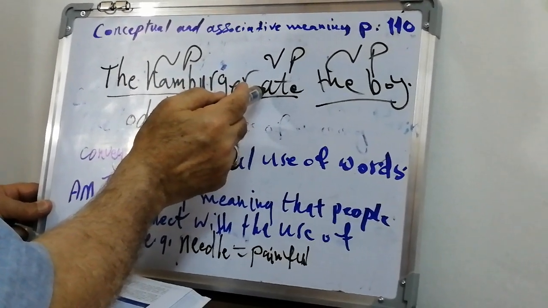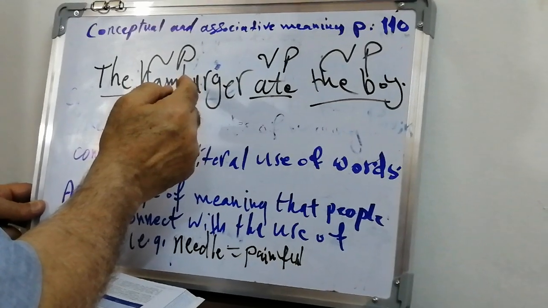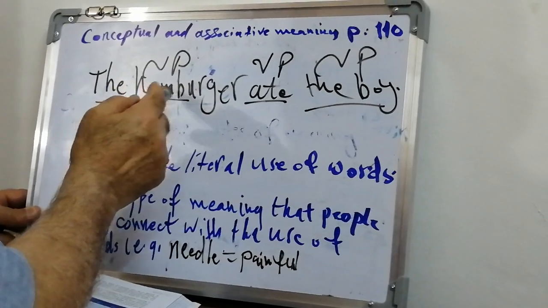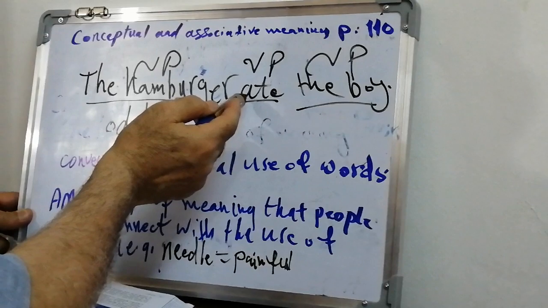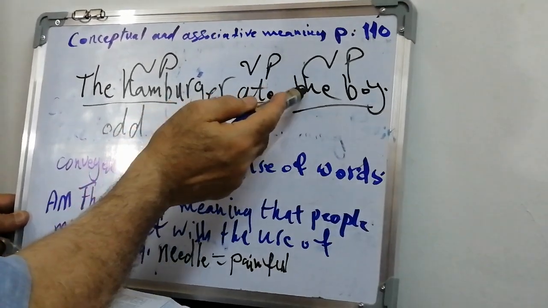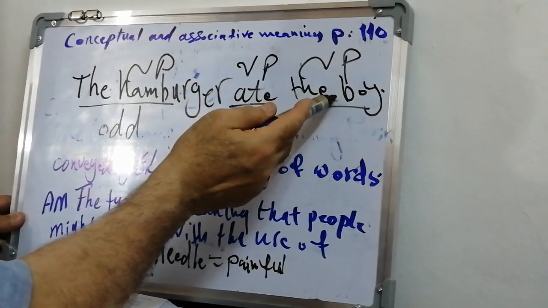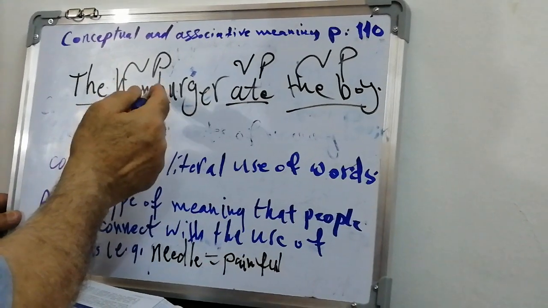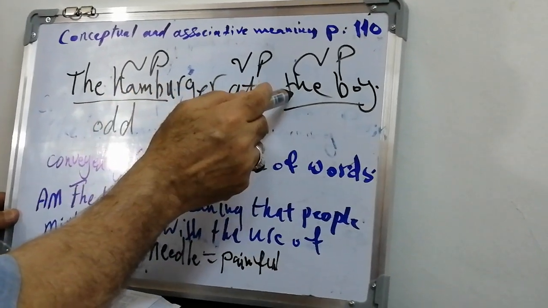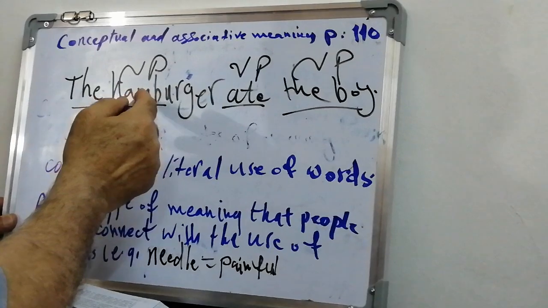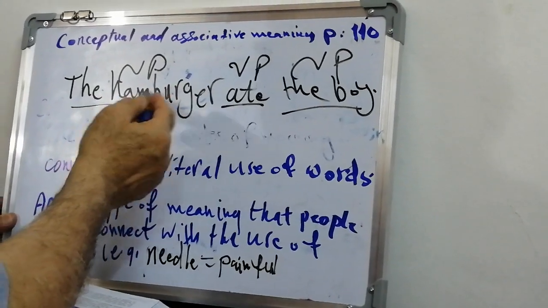Now, the conceptual meaning of the word hamburger is a type of food. And the boy is the one who eats the hamburger. The hamburger cannot eat the boy. How do we know that? Why is it odd?